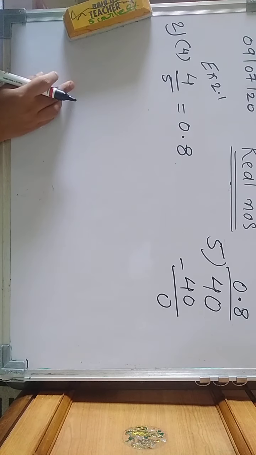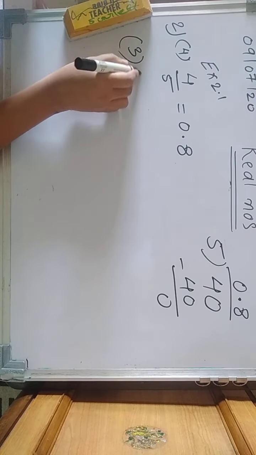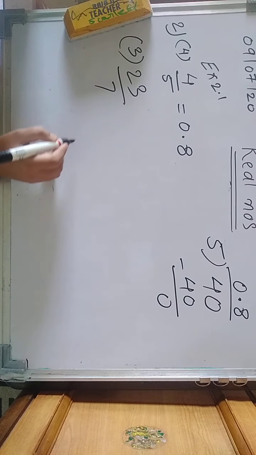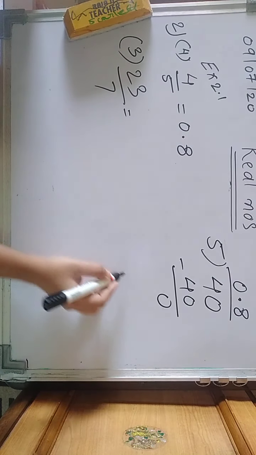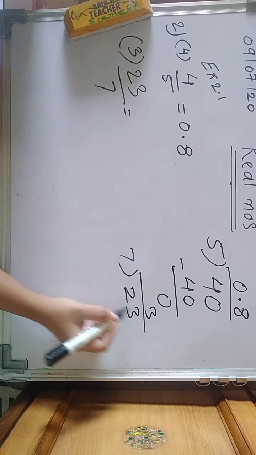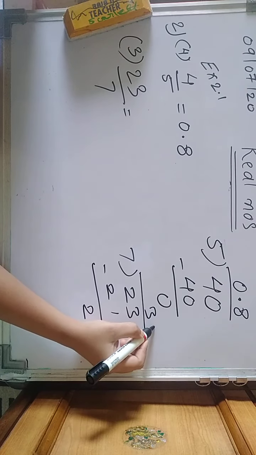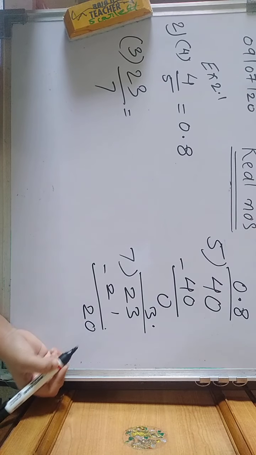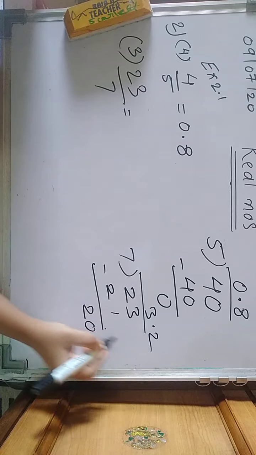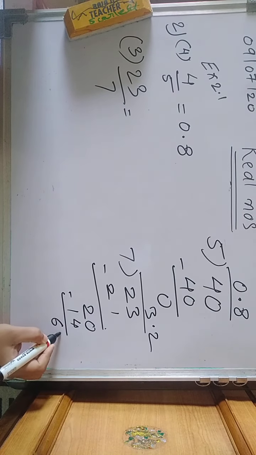Let's solve one more question. Now question number 3 is 23 upon 7. Now 23 divided by 7, again plain division. 7 3s are 21. 2 down, 0.0. 7 2s are 14. 6 down, again 0.